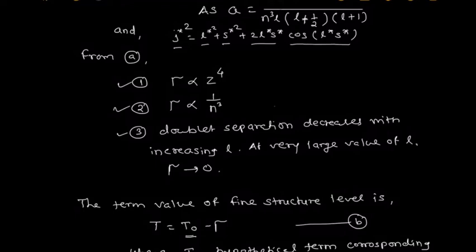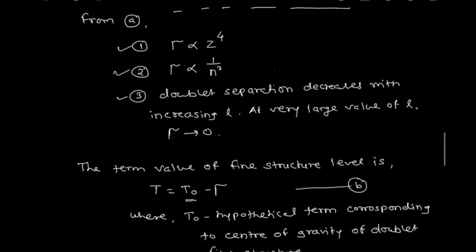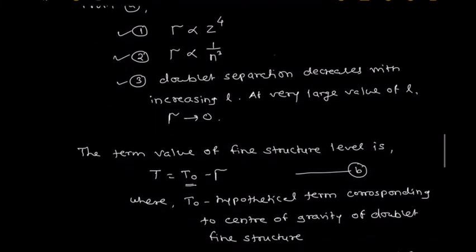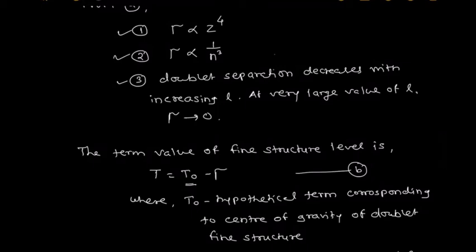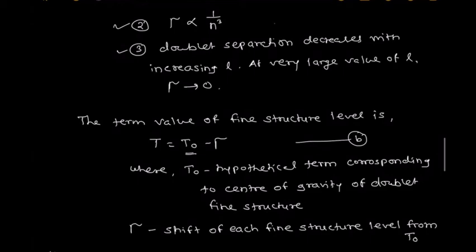Hence the equation we write for the term value of the fine structure level is T equal to T0 minus tau, where T0 is the hypothetical term corresponding to the center of gravity of the doublet fine structure and tau is the shift of each fine structure level from T0. Hence that equation gives the complete term value of the doublet fine structure.